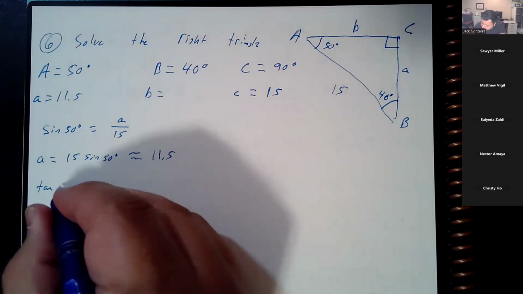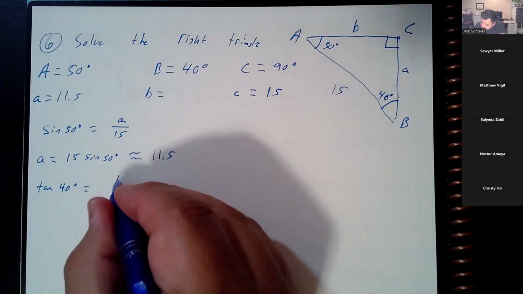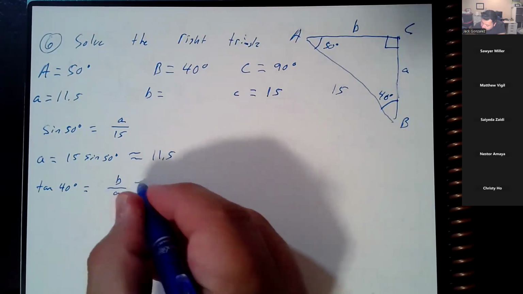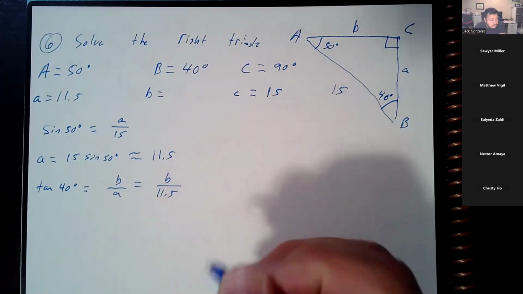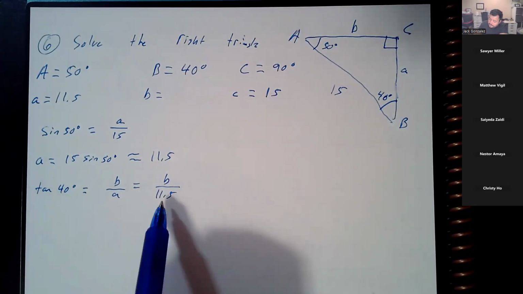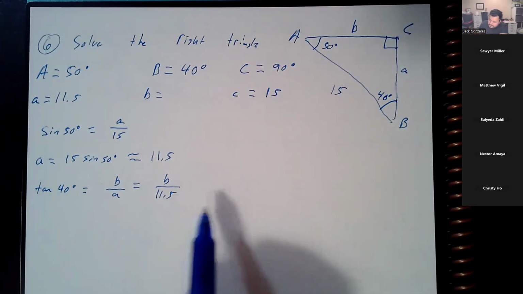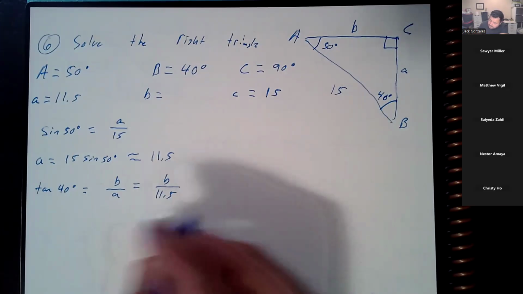Tangent of 40 is equal to b over 11.5. The only issue is sometimes when you're using a trig value that's been rounded, it could throw off the answer, but it should be okay. So solve for b.